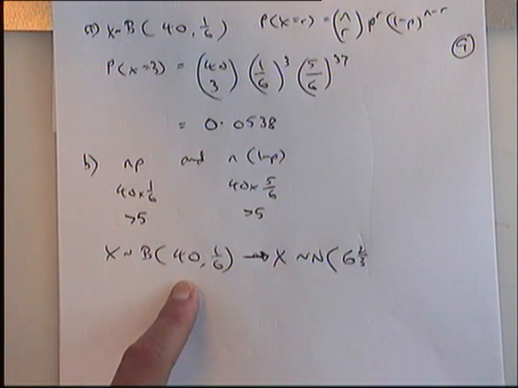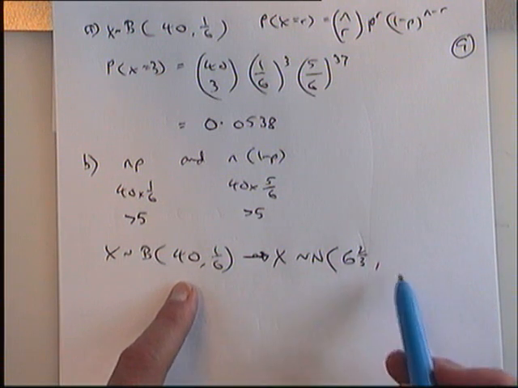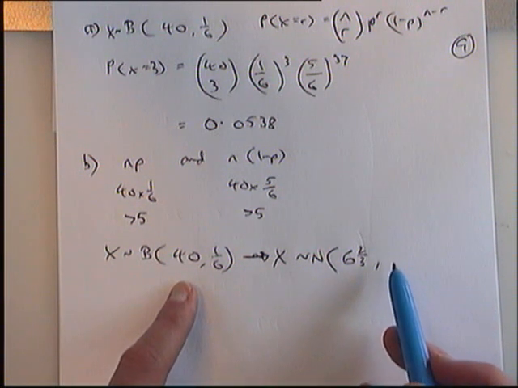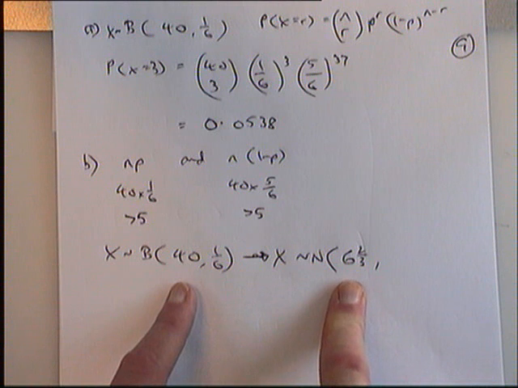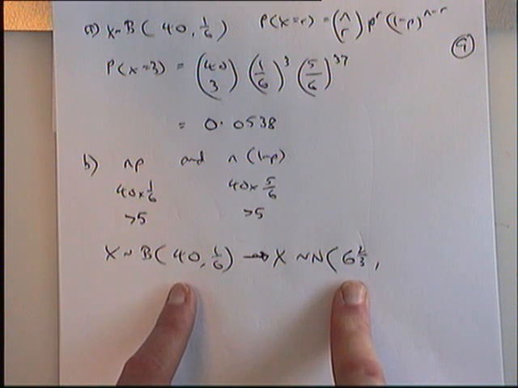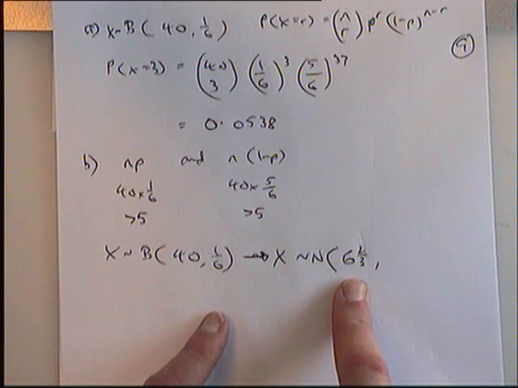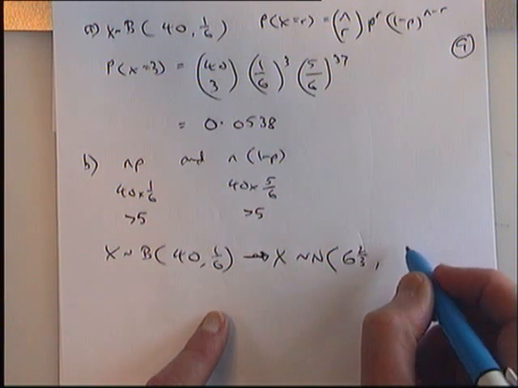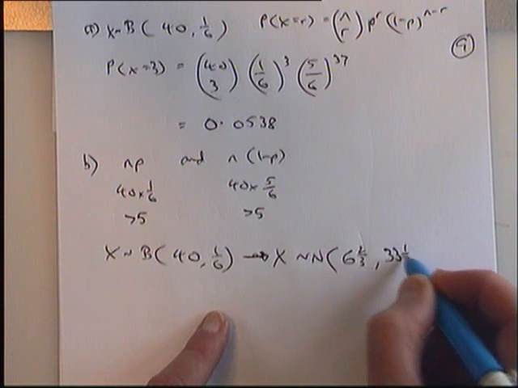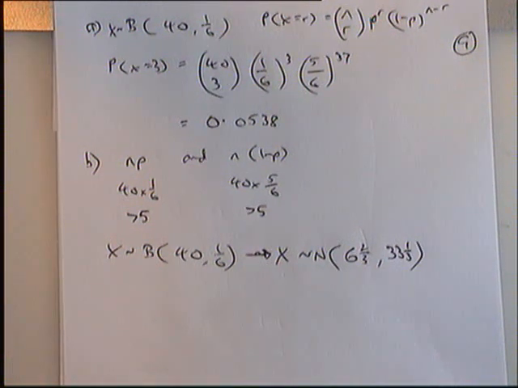Okay, well, we'll stick it as 6 and 2/3. Keep it exact for the time being. And then over here, for the variance, I need np(1 minus p). Well, that's the np, so I now need to times that by 5/6, which is 1 minus p, to get the variance. And what will I get? Can we do it in fractions, if possible? We've got 30 and a third, okay, as the variance.